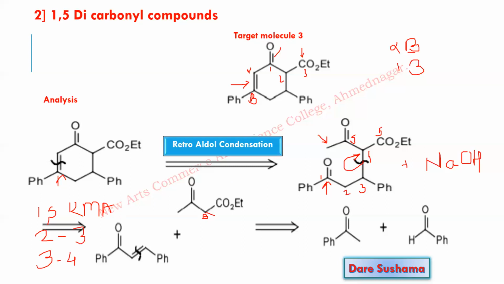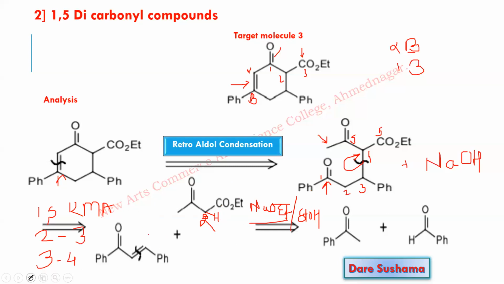So this proton is abstracted by which base? Sodium ethoxide in the presence of ethanol. So ethyl acetoacetate, treat it with this, abstract this alpha proton. So this is a mild base.